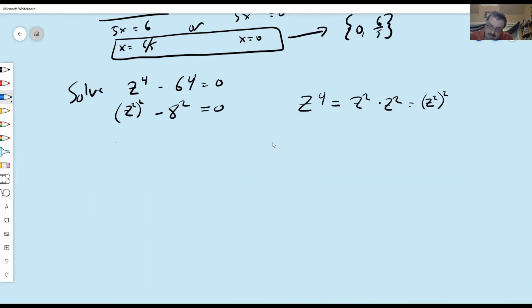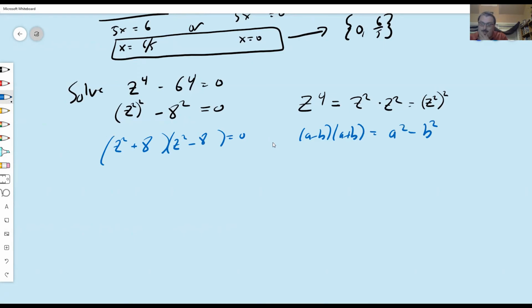So it's going to be z squared, 1 plus, 1 minus, and it's 8 squared. Again, difference of squares is a minus b, a plus b equals a squared minus b squared. And from there, we're just going to solve it like we did before.